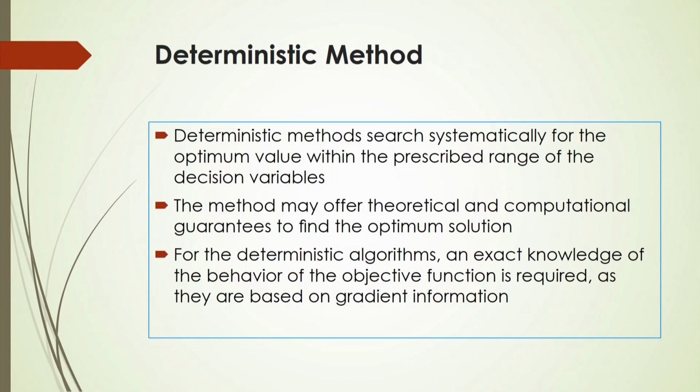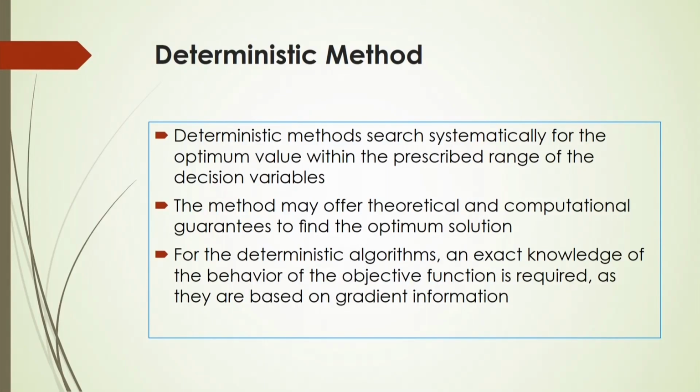And also, if we consider deterministic methods, in that case the method searches systematically for the optimum value within the prescribed range of the decision variables. These deterministic methods will give you the theoretical and computational guarantees to find the optimum solution. For the deterministic algorithms, an exact knowledge of the behavior of the objective function is required.